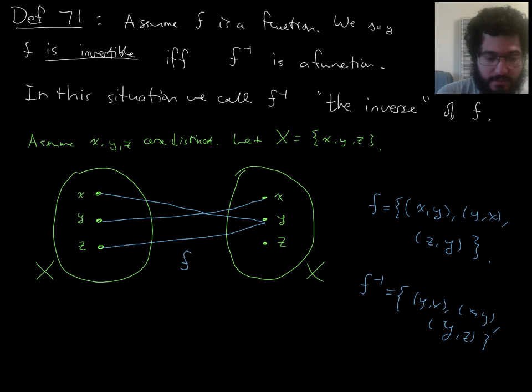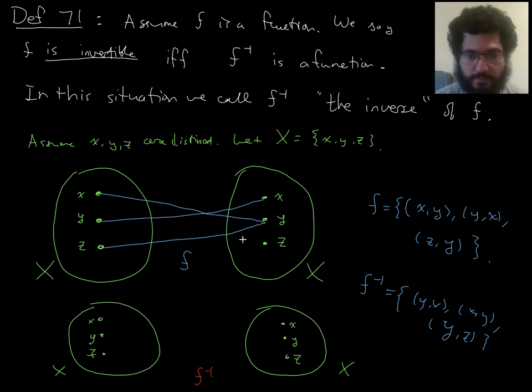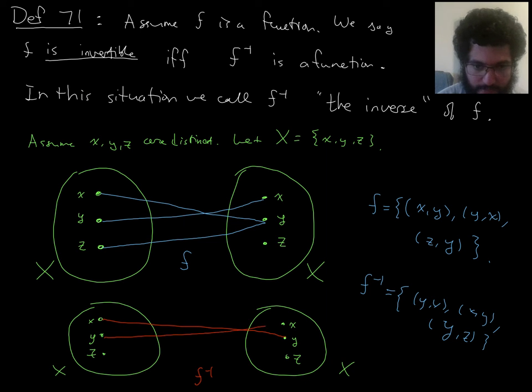Let me draw it. Basically I'm just running down these backwards. So x goes to y, traveling along this one. And then y goes to x, traveling along this one. And y goes to z, traveling along this one.